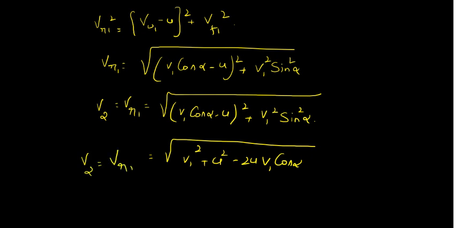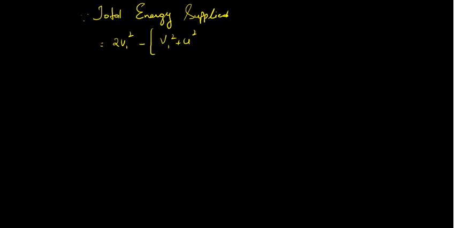Right? Now, the total energy supply equals 2 times V1 square minus V1 square plus U square minus 2U V1 cos alpha, divided by 2.